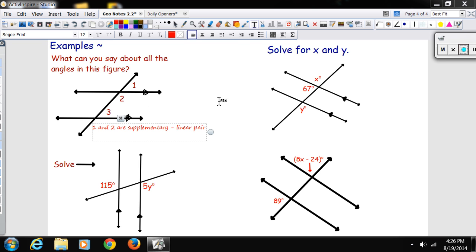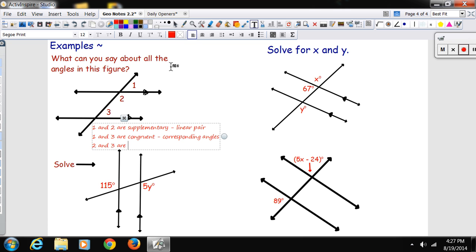All right, you could also say that we said angle 1 and 3 are congruent because they're corresponding angles. So they're both in the exact same position. They're both in the top right corner, so they're going to be equal angles. And then we could also say that 2 and 3 are supplementary because they're called consecutive interior, and they have to add up to 180. So that's what we could say about the angles in this figure.